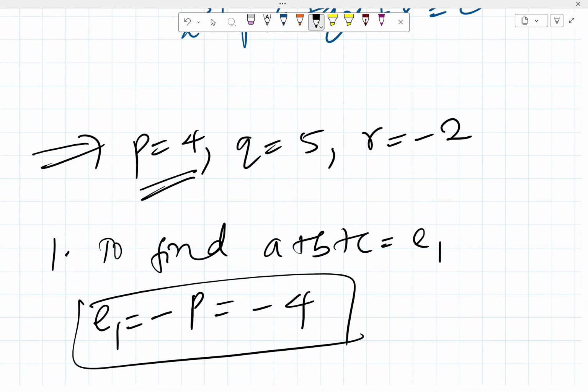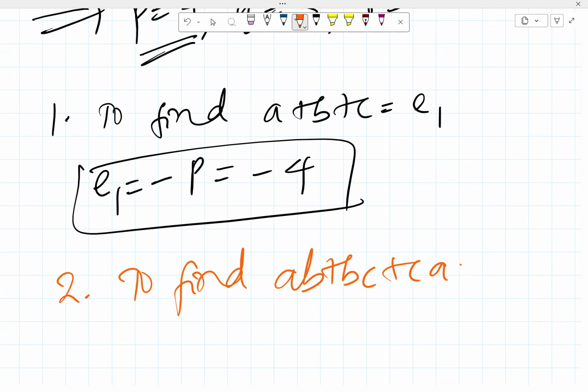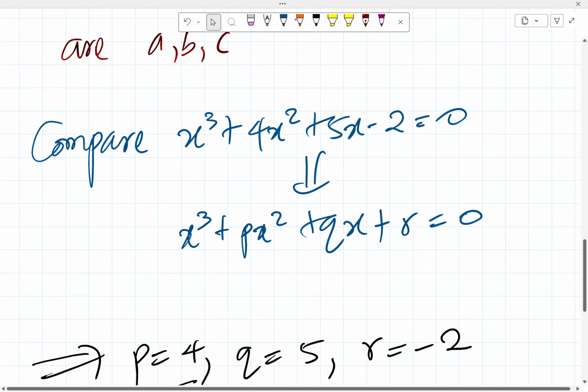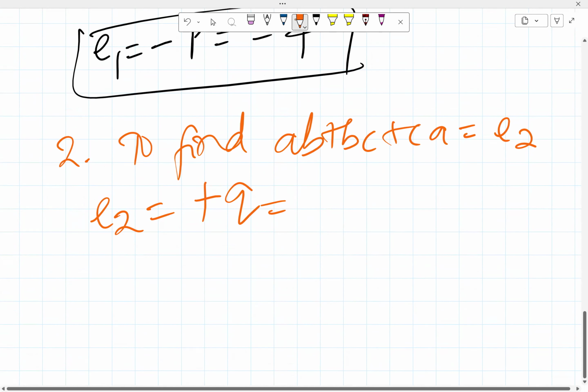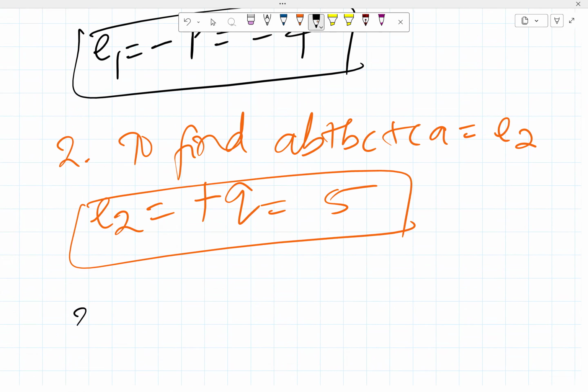Then number two, we need to find AB plus BC plus CA. That is simply E2, and we know E2 is going to be plus Q. Q is 5, so this is simply 5. That's easy peasy.